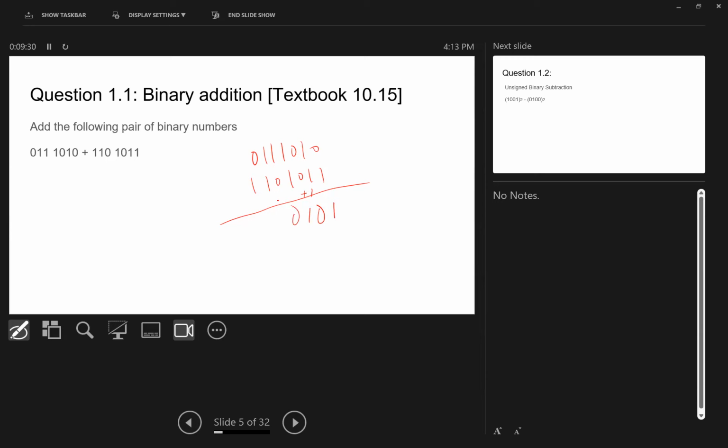And for the ones complement representations, similarly, we just transform the decimal numbers to their unsigned binary numbers, and then according to the sign of these numbers, if the number is positive, then we get our result, and if the number is negative, we are going to flip all the bits.